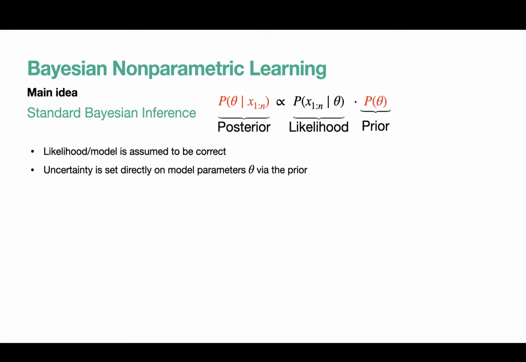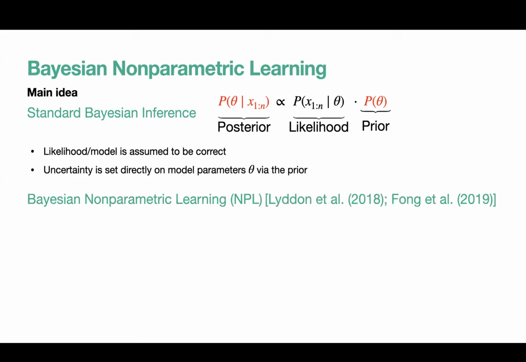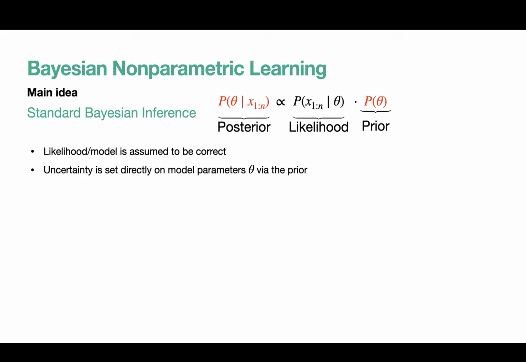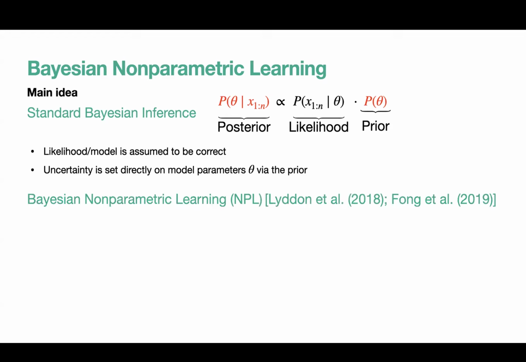If I could fit this nonparametric learning framework in one slide, it would be this one. Standard Bayesian inference, as we all know, sets uncertainty directly on the parameter of interest theta via a prior distribution, and then updates beliefs about theta conditional on the data. It assumes that the model is correct, and we just care about this one parameter that perfectly describes the data generating process. Bayesian nonparametric learning was introduced by a series of papers by Lyddon, Edwin and co-authors.